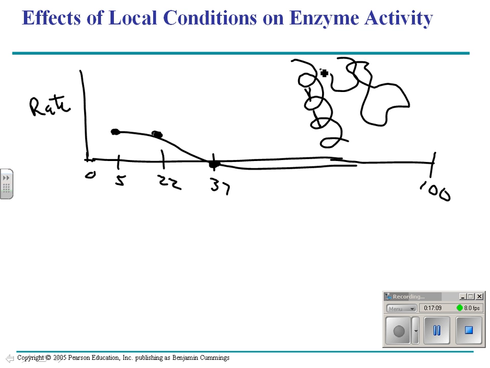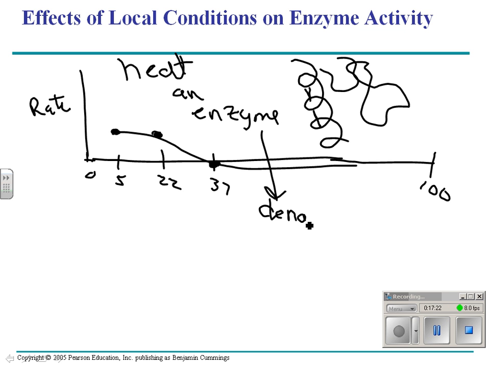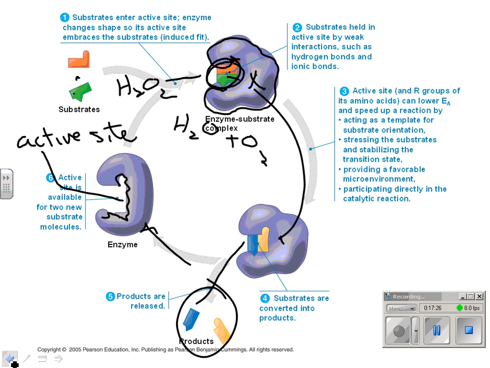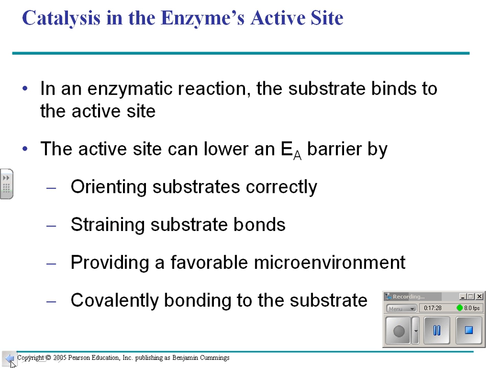When you heat an enzyme, the term is denature. And let me go back to our active site picture. Actually, I've probably got a picture of this. Just a minute.